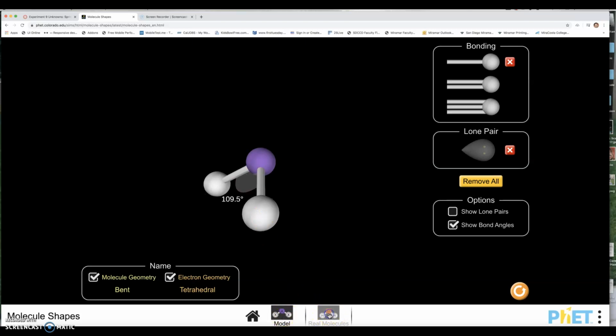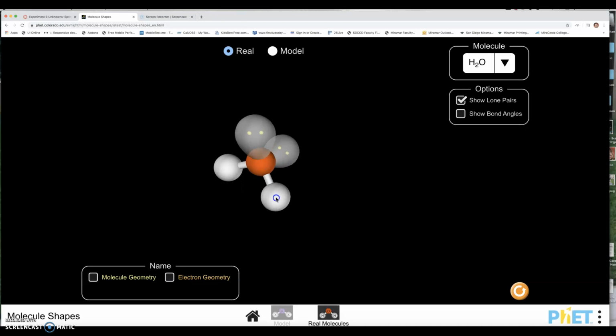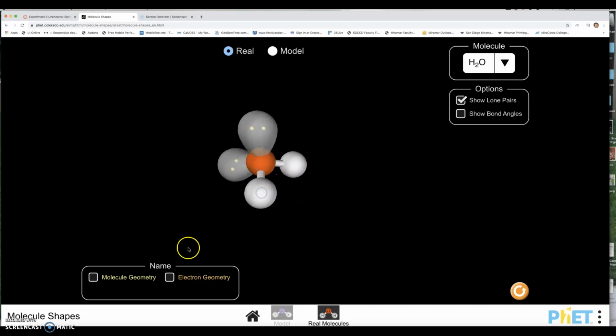Where you will see that is if you go to your real models and we look at H2O, and we see for H2O, I have, just like I did with that other model, 2 atoms and 2 lone pairs. So my electron geometry is tetrahedral because there's 4 electron groups, 1, 2, 3, 4, 2 lone pairs, 2 atoms.